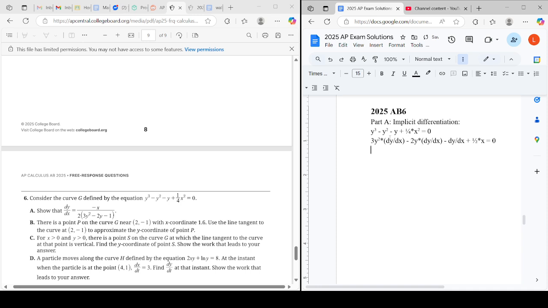Here we will factor out dy over dx times 3y squared minus 2y minus 1 equals x over 2. So we got the x over 2 part. Now we subtract the x over 2 from both sides, and then we isolate by dividing both sides by this thing. We're going to get negative x over 2 times 3y squared minus 2y minus 1. So we do get this as an answer. This is the part A answer.